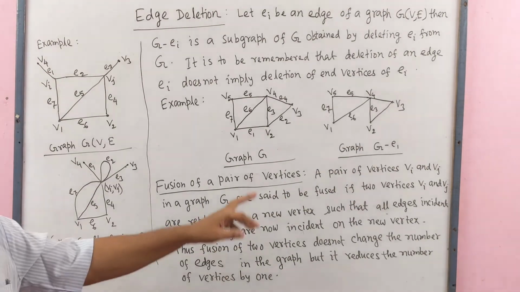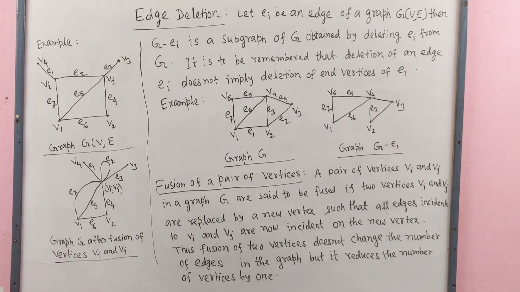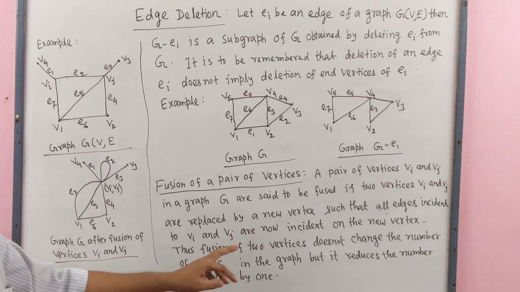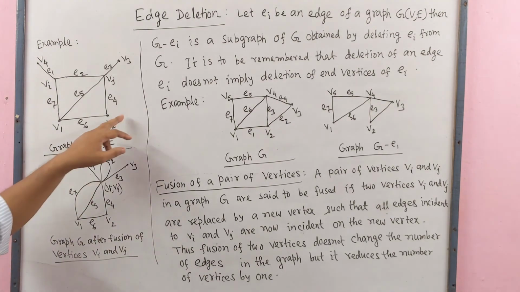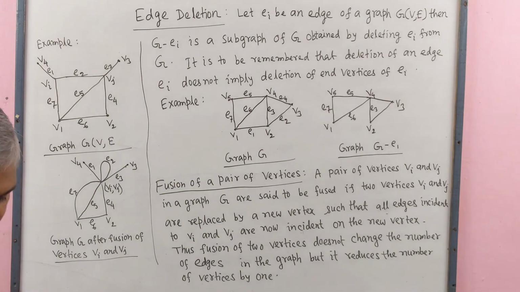Thus fusion of two vertices does not change the number of edges in the graph, but it reduces the number of vertices by 1. Here, by example, we may show this.